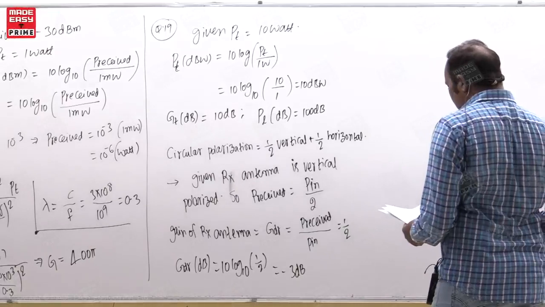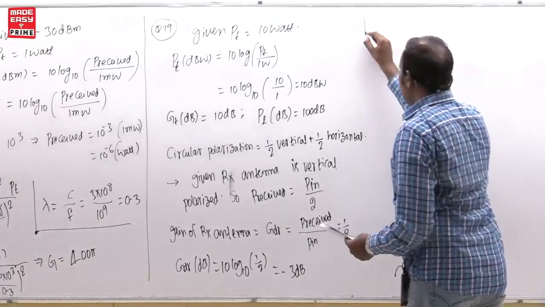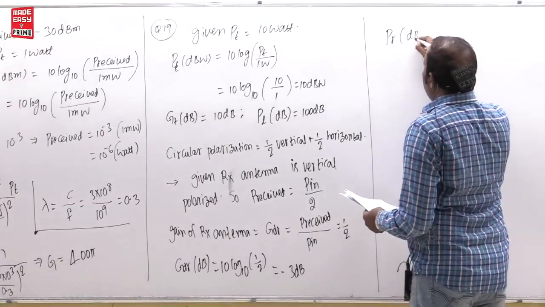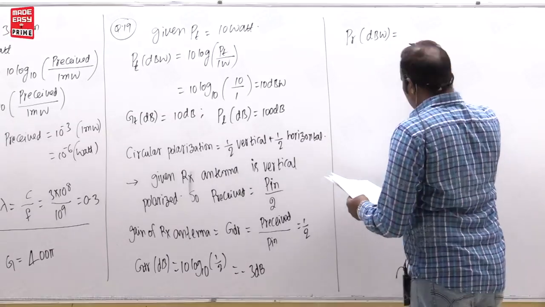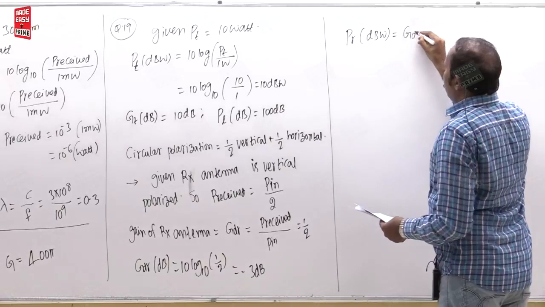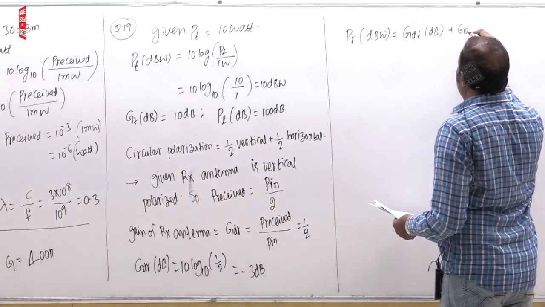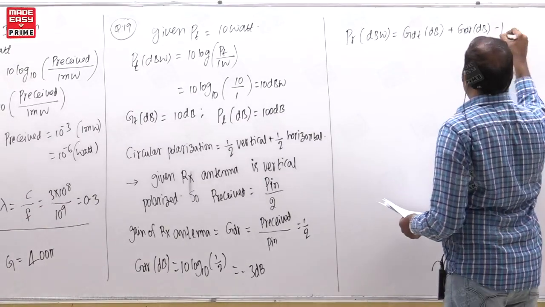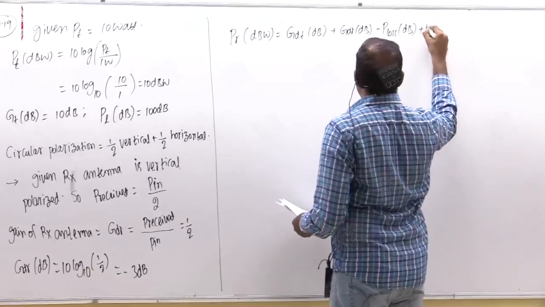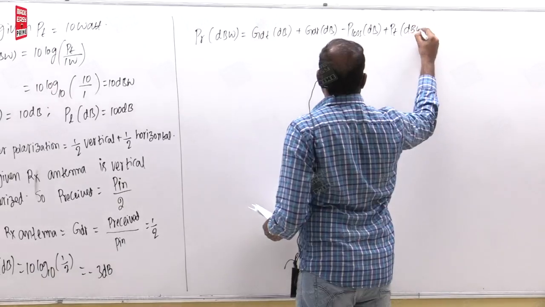Now all are in decibels, student. So if you substitute, power received in dB watt is equal to GDT in decibels plus GDR in decibels minus path loss in decibels plus power transmitted in dB watt.